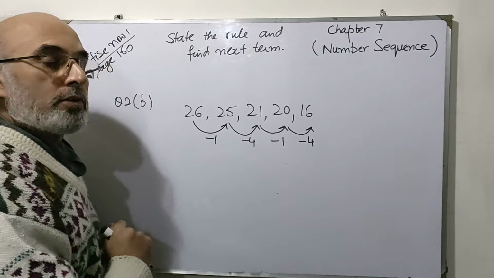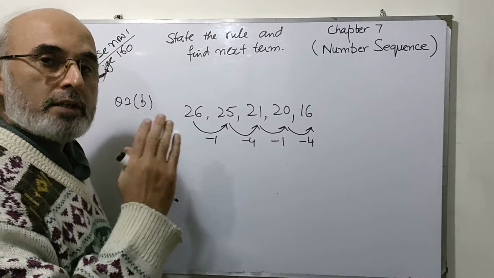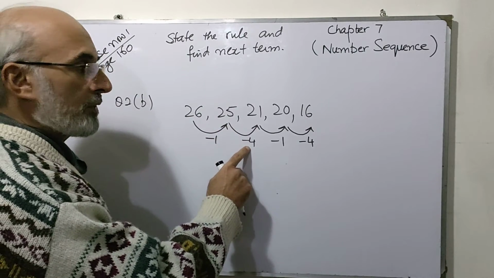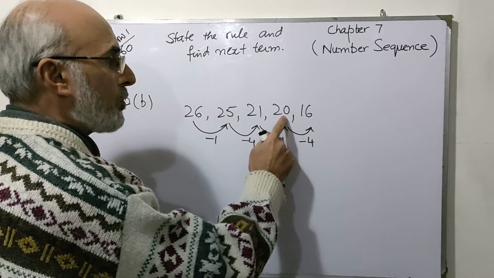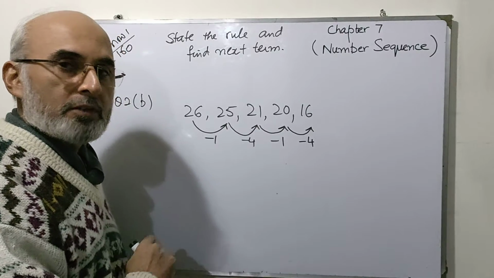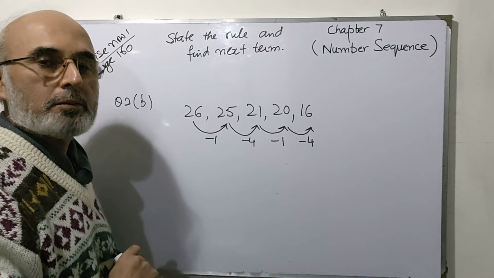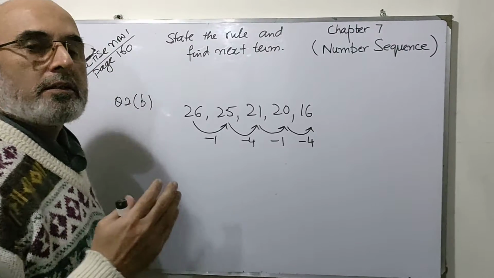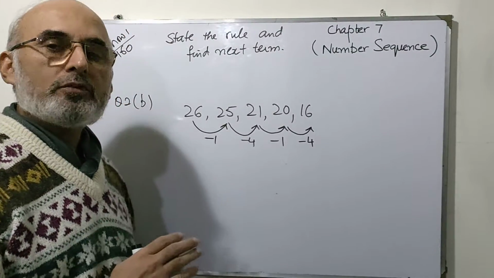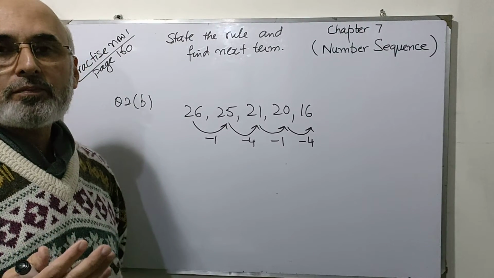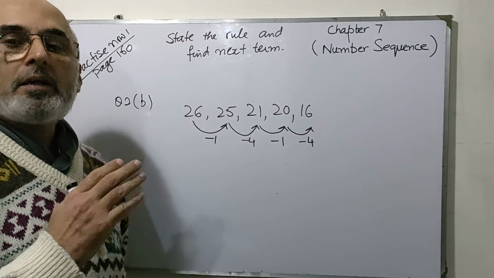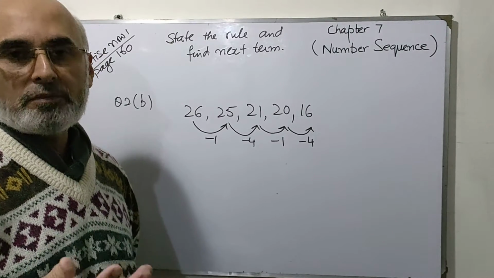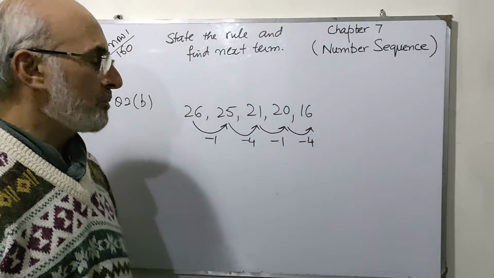Okay? So it means that they are odd terms. From term 2 we subtracted 4. From term number 4 we subtracted 4. So from even terms we are subtracting 4. So the rule is: subtract 1 from the odd term to get the next term, and subtract 4 from the even term to get the next term. Okay?